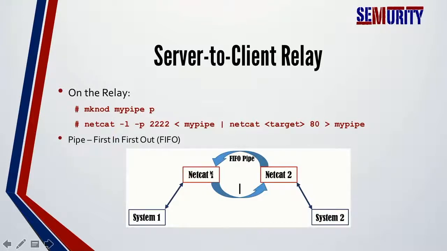Once the connection is established, once the first system, which is the penetration testing system, connects to Netcat 1, the server, when system 1 wants to send something, a command or whatever data, over the TCP socket, Netcat 1 is going to receive it.